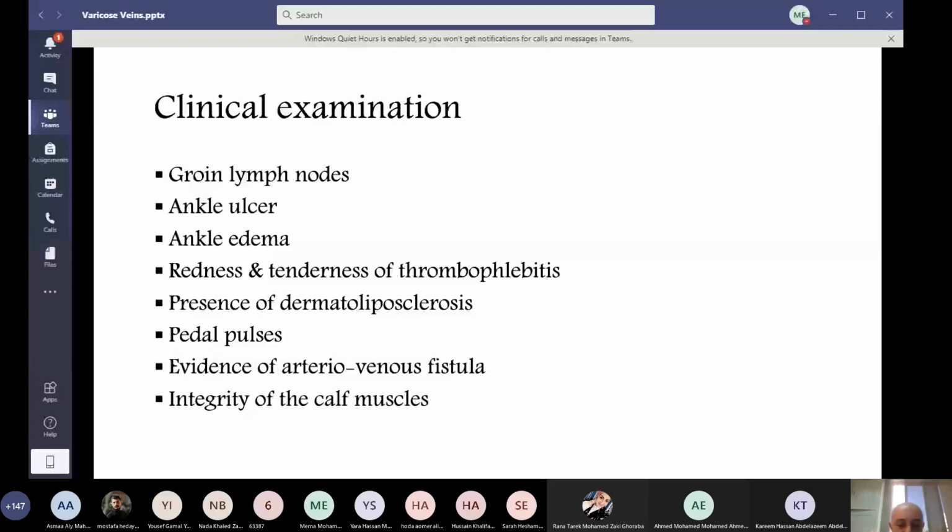Also, we should examine the patient for the integrity of the calf muscle, and the range of movement of the ankle, whether it is free or not. This has implications for the calf muscle, whether there is weakness of the calf muscle or not.